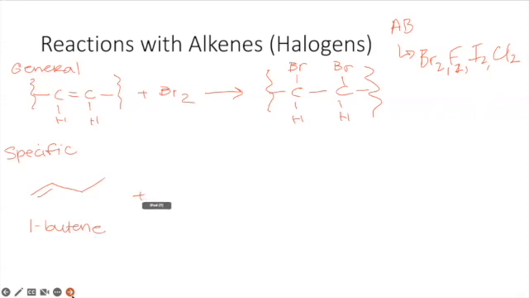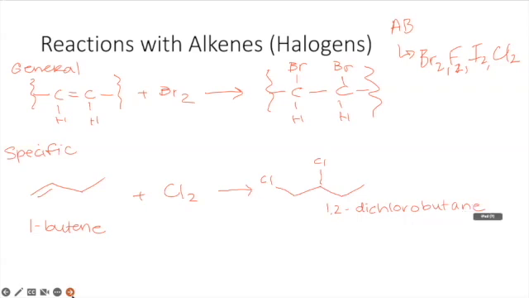We wanted to add chlorine across it. We would then produce the backbone, right? We've broken this double bond and we would add a chlorine to each carbon. So we've produced 1,2-dichlorobutane. So we went from an alkene to an alkane.